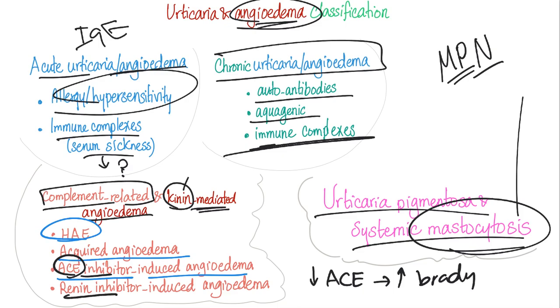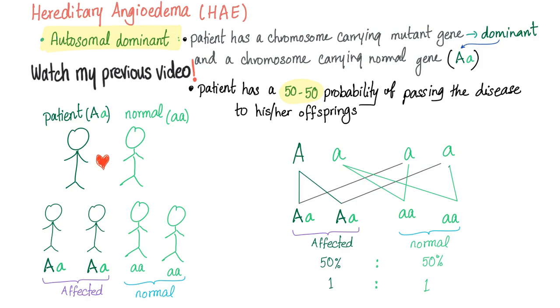Got it? As well as renin inhibitor-induced angioedema, because now all of the ACE is busy converting high molecular weight kininogen into the ugly bradykinin, because we don't need ACE to convert angiotensin 1 into angiotensin 2, since renin is history.